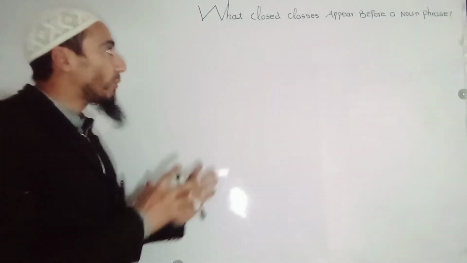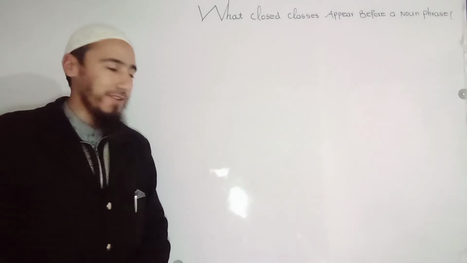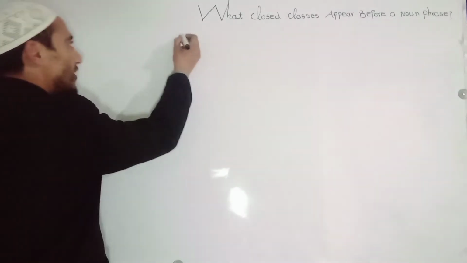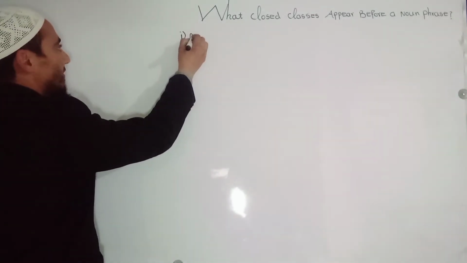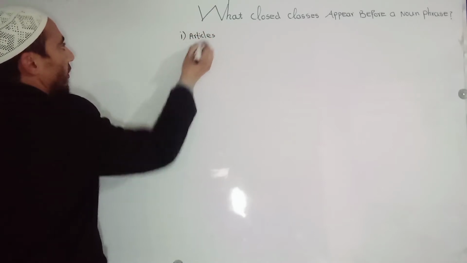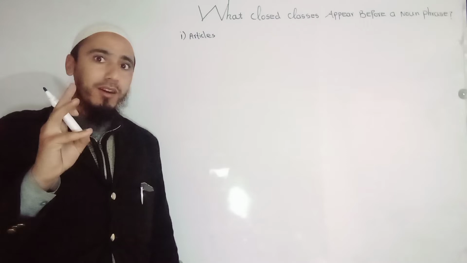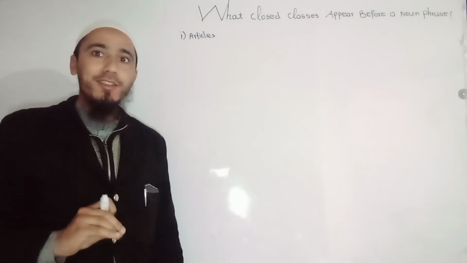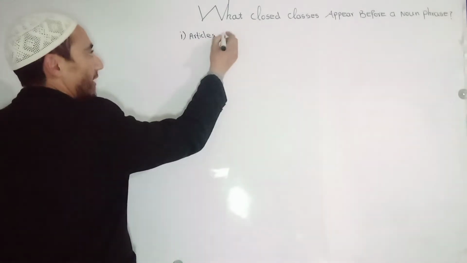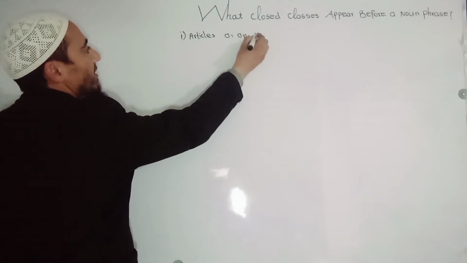Okay, listeners and audience, what closed clauses appear before a noun phrase? First of all, let me talk about articles. You know, we have 3 articles: a, an, and the.